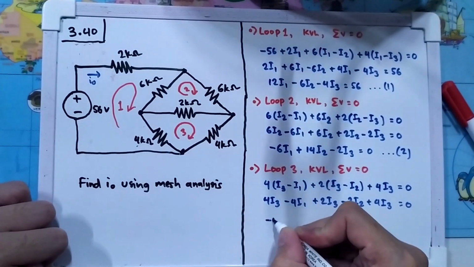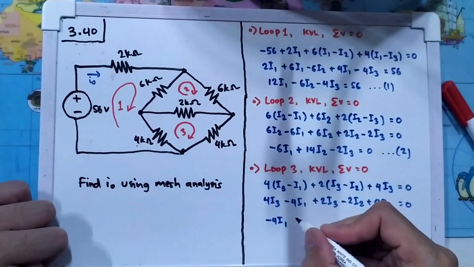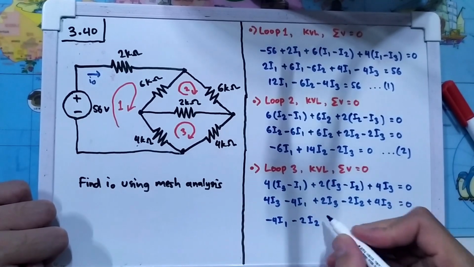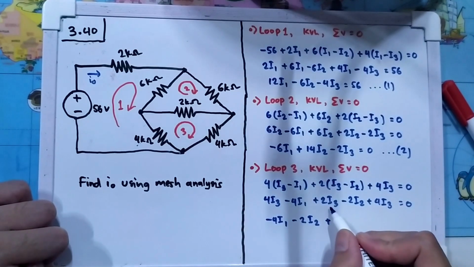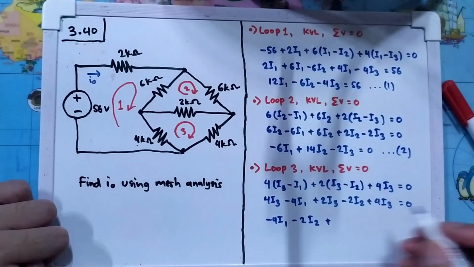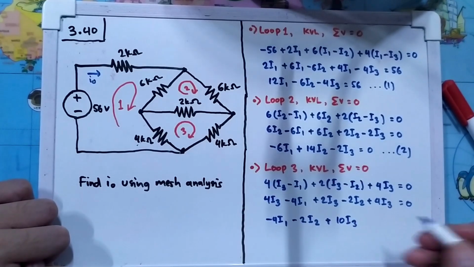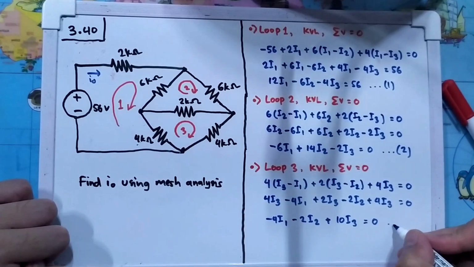For I1 I will have minus 4I1, and for I2 I will have minus 2I2, and then for I3, 4 plus 2 is 6, 6 plus 4 is 10, 10 I3, equal to 0, and let's save this.